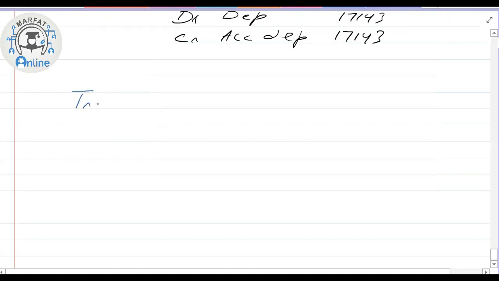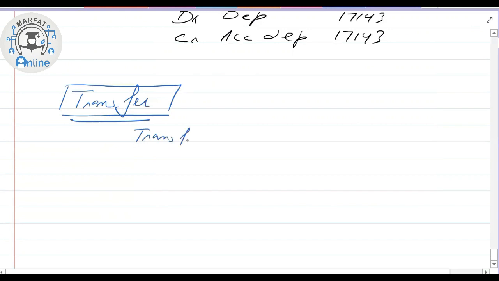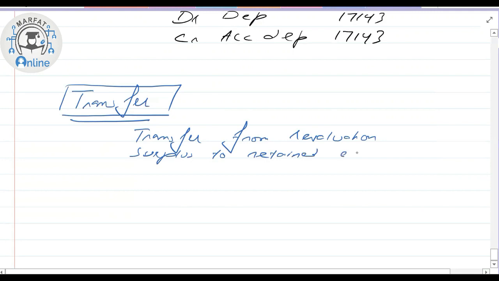Now there is another concept related to this, which is transfer from revaluation surplus to retained earnings.